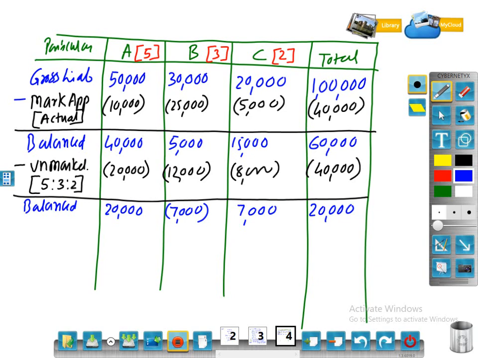Now whenever you get a negative balance, you have to divide it among the positive partners in the GL ratio.